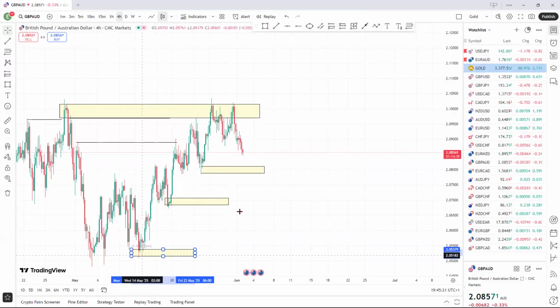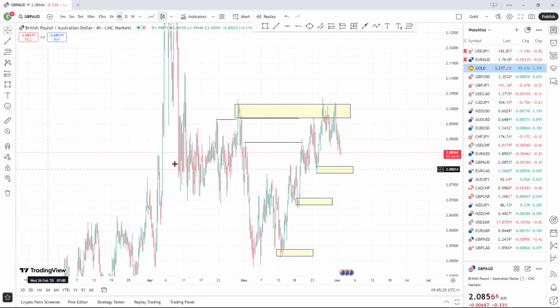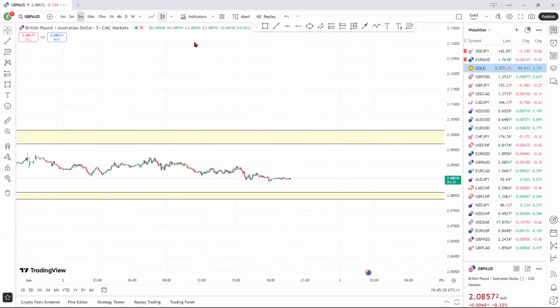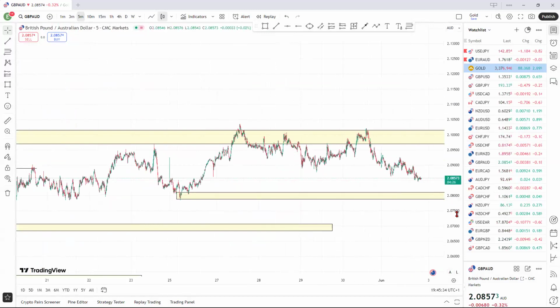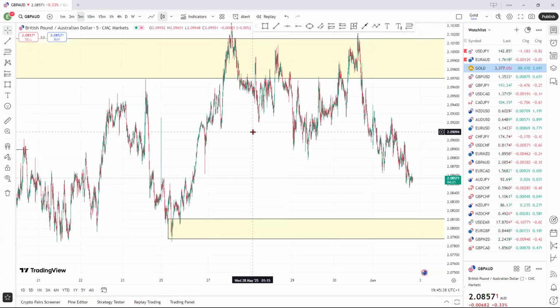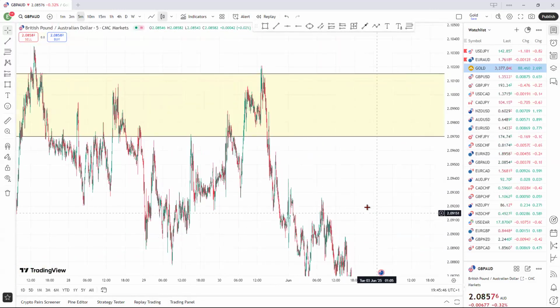Let's go down to the lower time frame and see if there are any entry points or if there's any that has already played out. So we've already gotten our bias that it's a sell because price is reacting from the 4 hours supply zone. If you look, this is as clean as it gets.